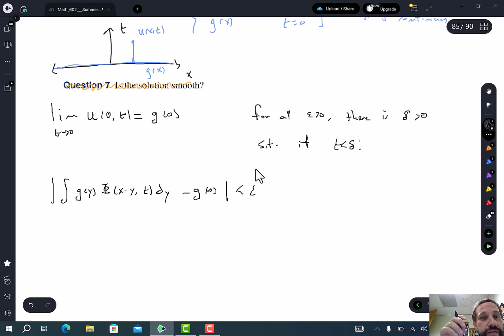As long as t is sufficiently small, this is less than epsilon.